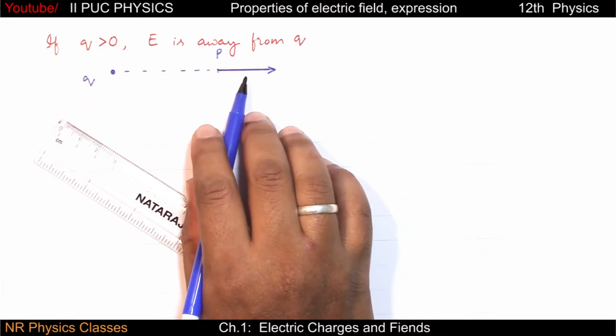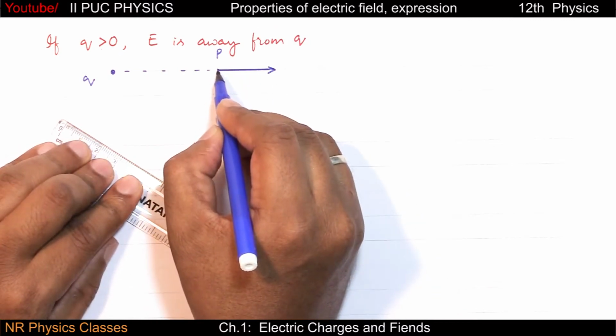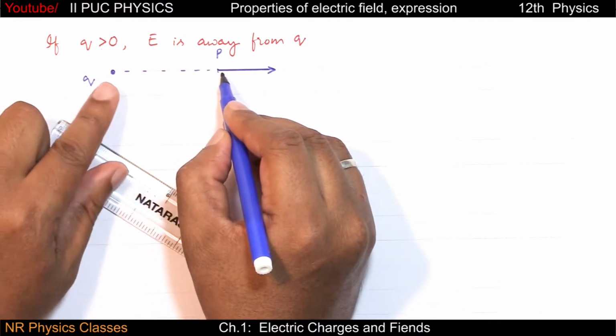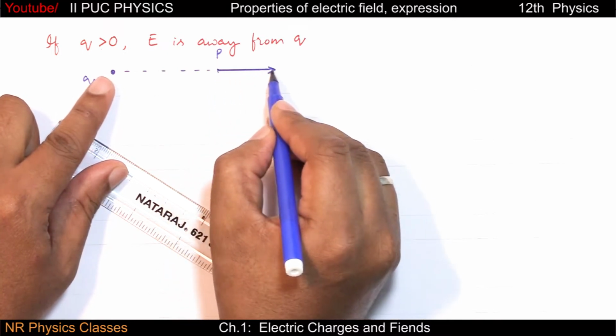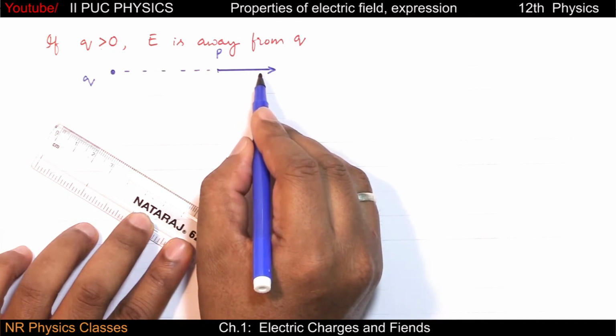What is the physical significance of this direction? If we keep a positive test charge here, the test charge moves in this direction because of this positive charge. That is the meaning of the direction of electric field.